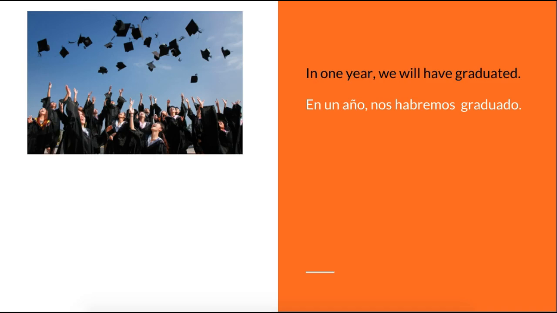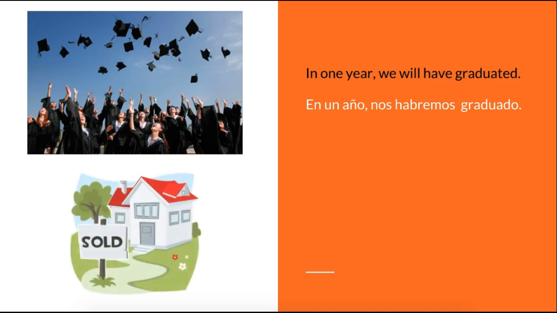Remember, graduado, graduated, is not the adjective, so even though nosotros is plural, we don't change it to graduados because it's not an adjective, it's a past participle. And remember, the past participle will always end in ADO for AR verbs or IDO for an ER or IR verb.